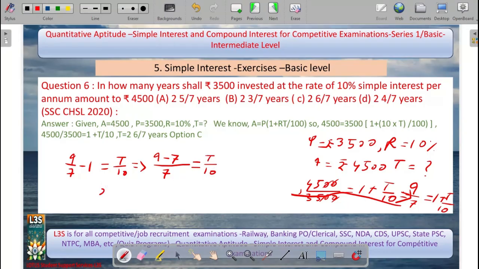So this is equal to 2 by 7 is equal to T by 10. So cross multiplication we can do, then we will get 20 by 7 equal to T. So 20 by 7 means 2 and 6 by 7. So option C, 2 and 6 by 7 years is the correct answer.